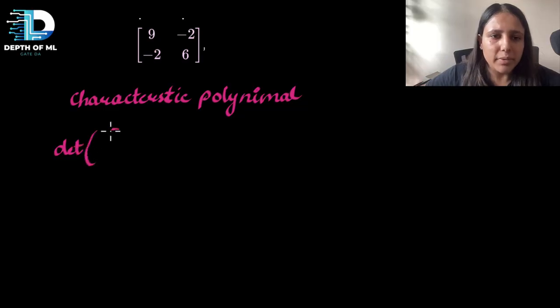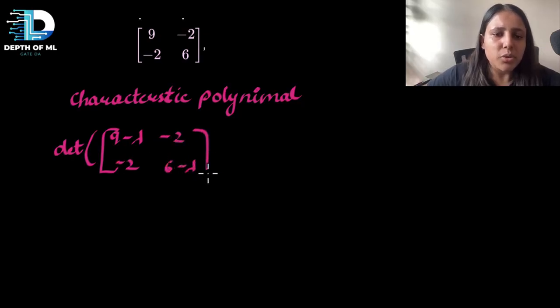You take the determinant of this particular matrix. This is 9 minus lambda, assuming lambda is the eigenvalue, and 6 minus lambda. This is a 2 cross 2 matrix, so we'll find 2 eigenvalues and we have to set this determinant to be 0. The determinant of a 2 cross 2 matrix is very easy.